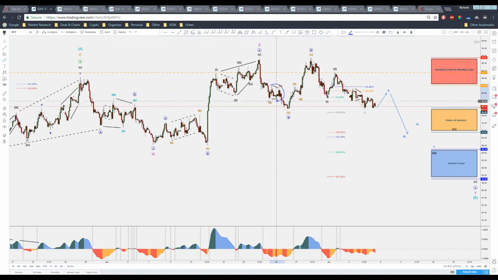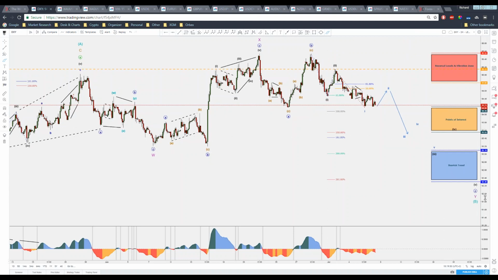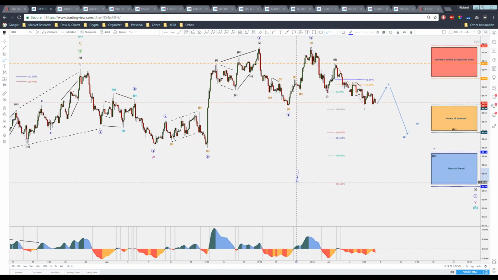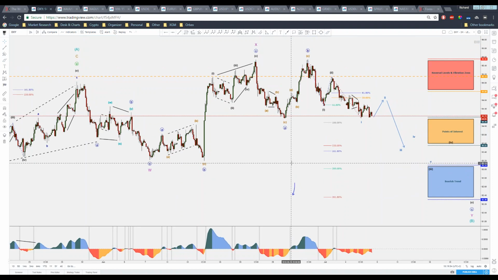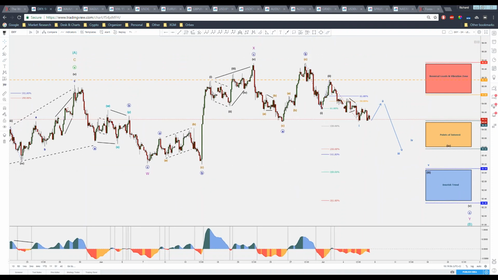Now we have a triangle right here, which cannot really be labeled as a 5-wave sequence, not to mention that this went above this a little bit, but it's enough for this not to be a second wave. Okay, now contrary to that analysis, let's say for instance, as an alternate count, what could happen, right?